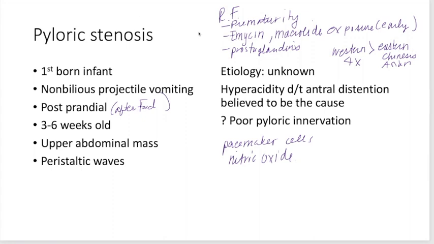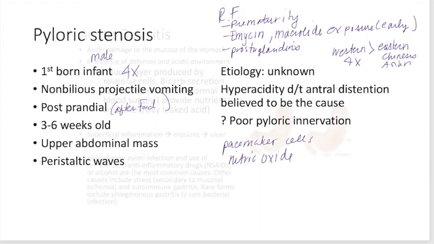So they do believe that there is a hereditary situation. Because firstborn infant here, and definitely male firstborn infant, is the strongest epidemiological factor, and it's 4 times greater in male infants than in female infants, and it usually affects that firstborn male infant.